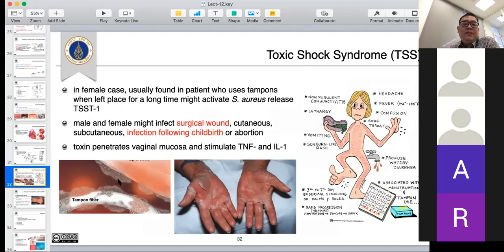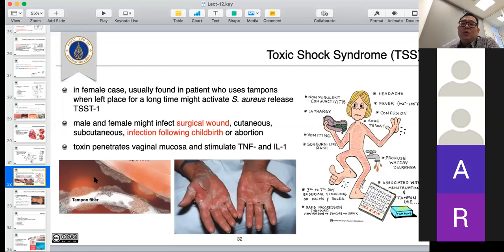Okay. The disease of toxic shock syndrome makes your skin peel, in adults particularly on the palm of the hand. It is a systemic disease, causing headache, fever, watery diarrhea, vomiting, everything, quite a lot.